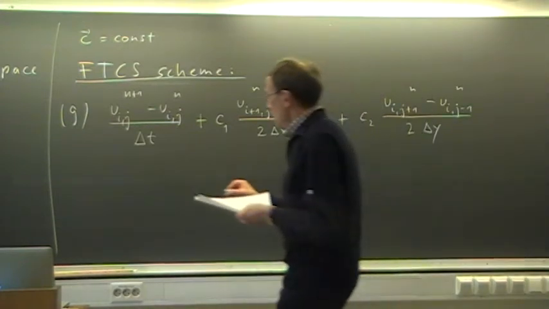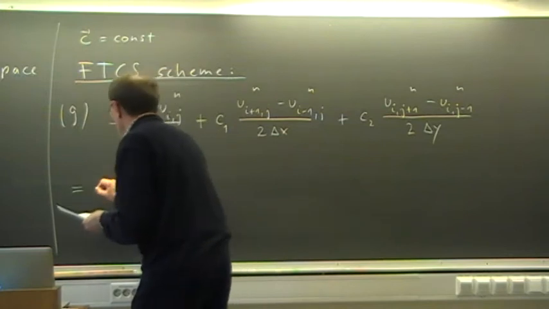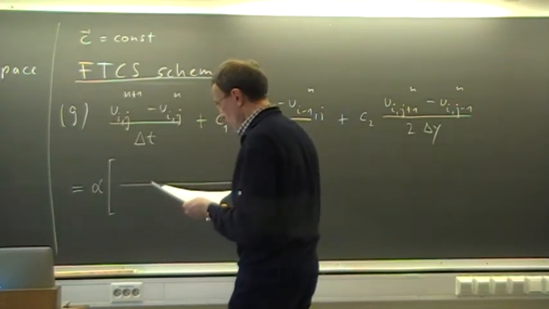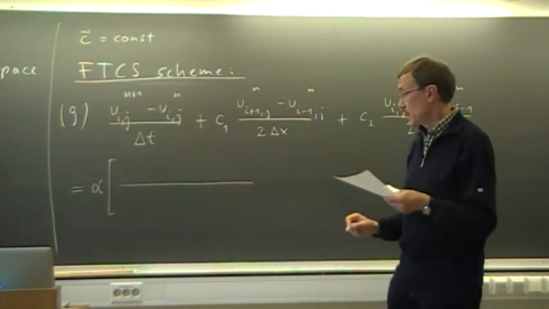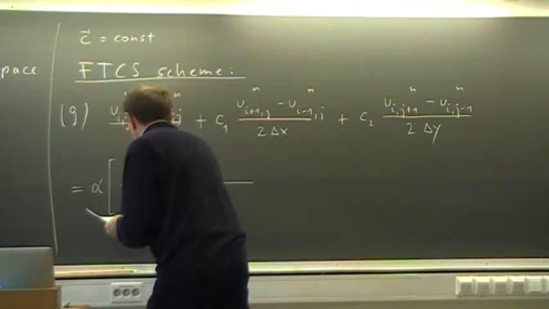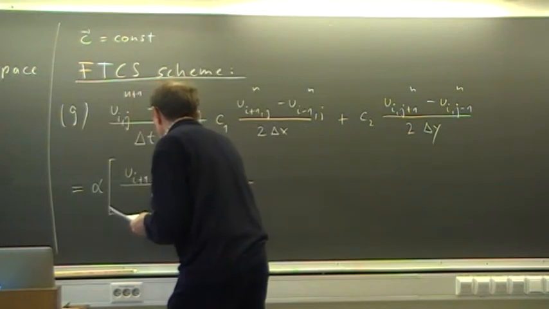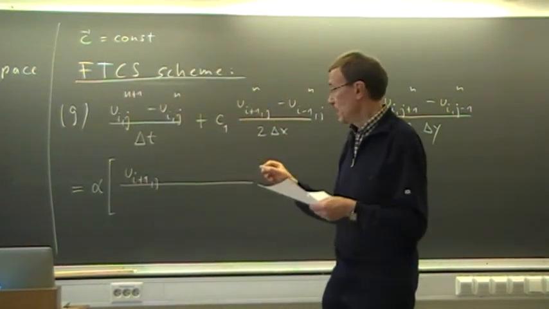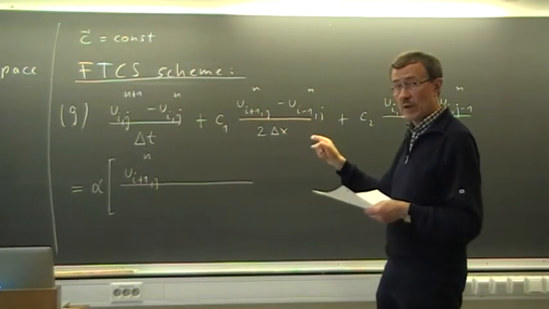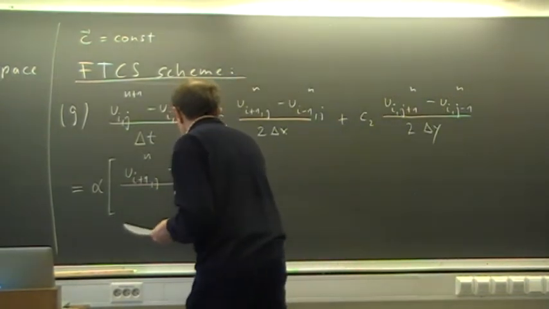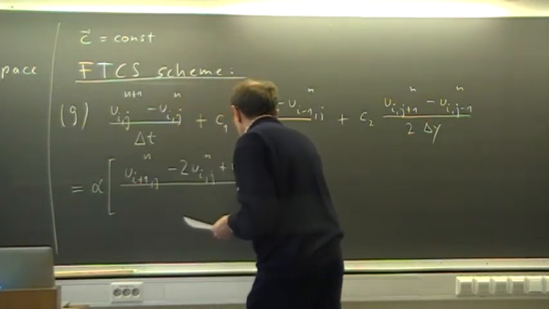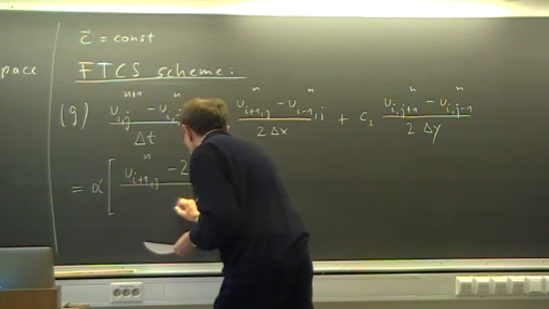So that is the discretization of the linear advection equation by this forward time-centered space scheme. On the right-hand side, we have the diffusion contribution with the diffusion coefficient alpha, and then we have the second derivative of u with respect to x. So that is the usual discretization: u i plus 1 j. It's the same as for the Poisson equation, but since we are using the forward time scheme, everything is at the time level n. Minus 2 u i j and u i minus 1 j divided by delta x squared.